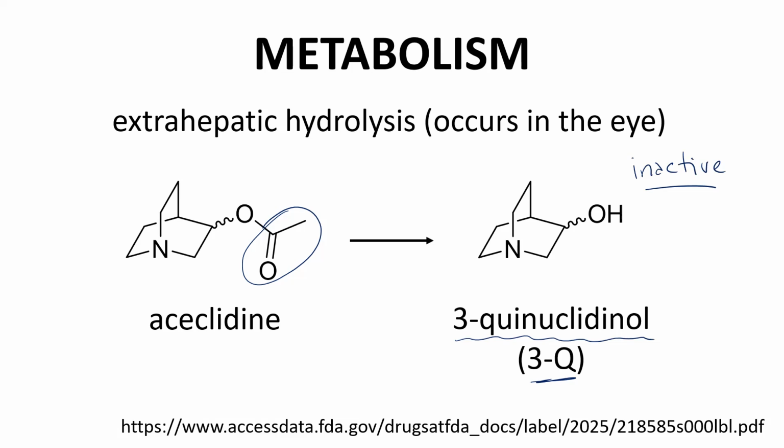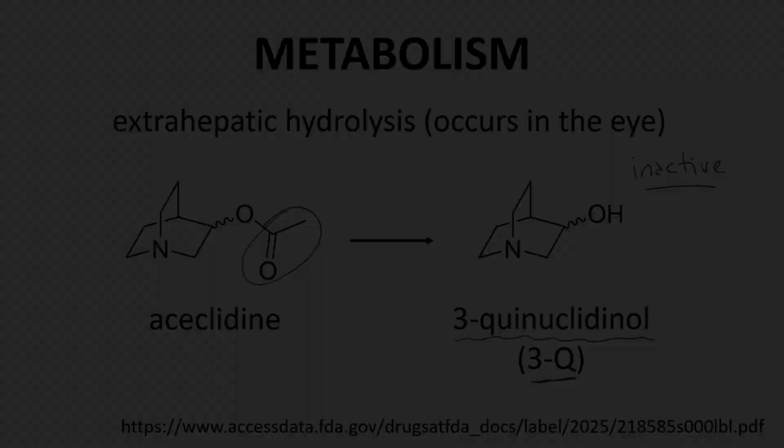Aceclidine apparently persists in the eye long enough to generate a therapeutic effect in the eye. Because the half-life of aceclidine is so short, traditional PK parameters like clearance and volume of distribution are not reported for aceclidine. I will note that low concentrations of 3-quinuclidinol can be detected in the plasma after 8 days of dosing VIZZ to the eye.